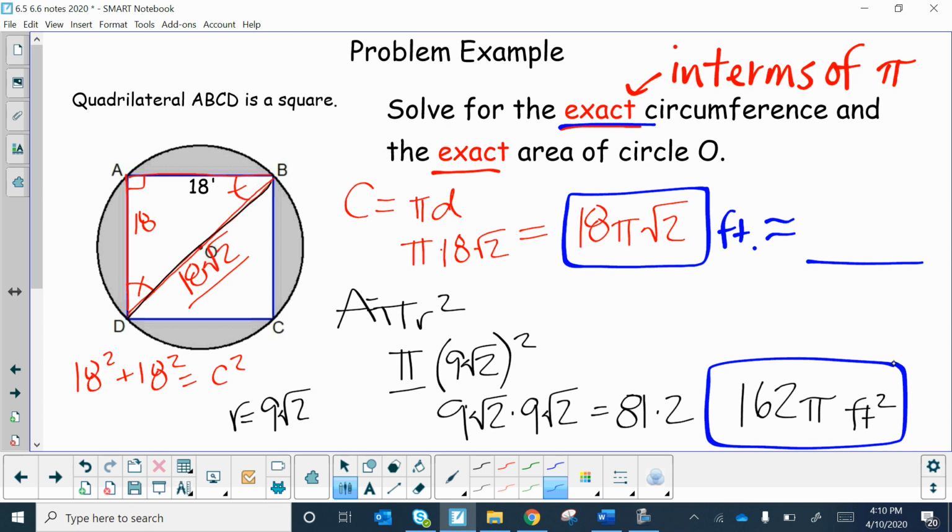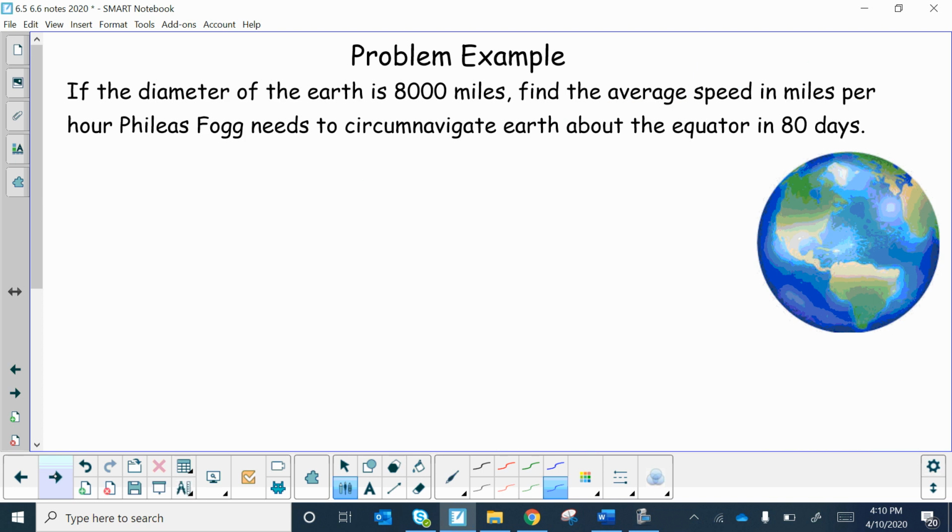Okay? All right, let's try one more problem. If the diameter of the Earth is 8,000 miles, find the average speed. Okay, so I want to underline that. This is what we're finding. The average speed in miles per hour that Phileas Fogg needs to circumnavigate the Earth about the equator in 80 days. Okay, so remember the equator goes around like this and back around.